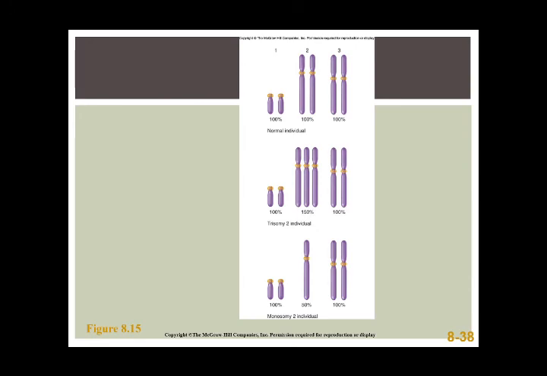So in a normal individual, you have 100% of the gene product. 50% is from their father's chromosome. The other 50% is from the mother, or maternal, chromosome. But what if you have a trisomy 2 individual? Each chromosome would give 50% of the gene product. Now we have 3, so it becomes 150%. What if you have monosomy?